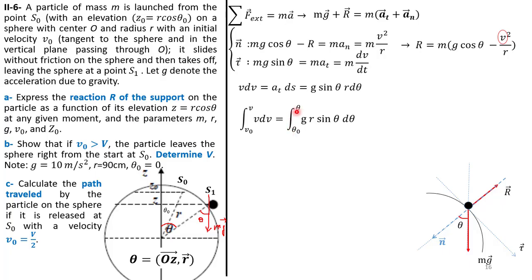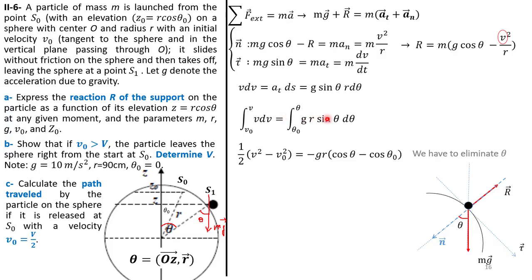We want to deduce, in fact, the expression of v as a function of theta. So the first quantity will give us half v squared minus v0 squared equal, g and r are constant, they can come out of the integral.